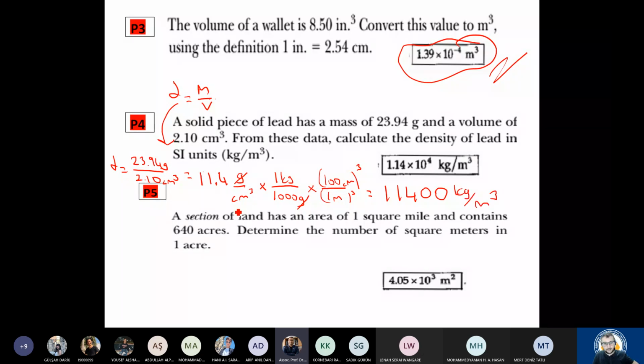Yes, you can write it like that, or if you want, you can write it like that. It is similar. It is also equal to 1.14 times 10 to the 4. Yes, we found the answer of problem 4 correctly. Yes, have you got any questions?